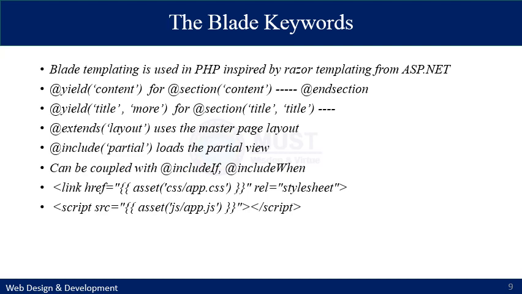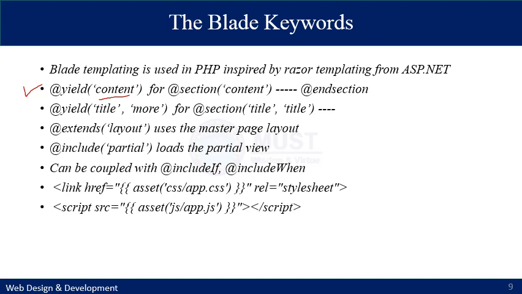The most commonly used blade templating keyword is @yield content. Whenever you use the statement @yield, any section with the name of content will be yielded to a master page.